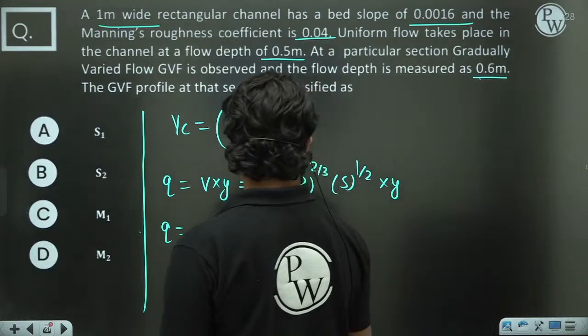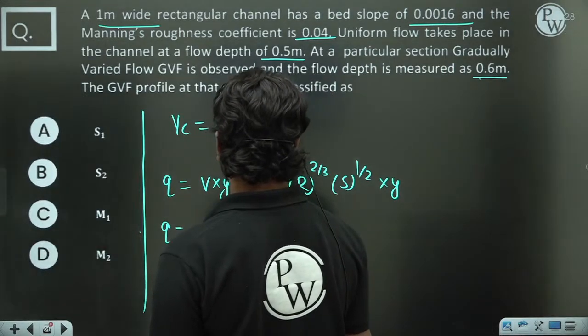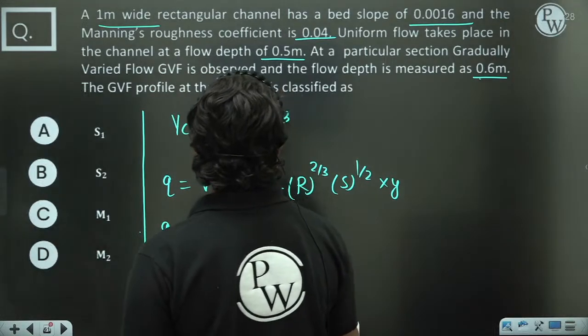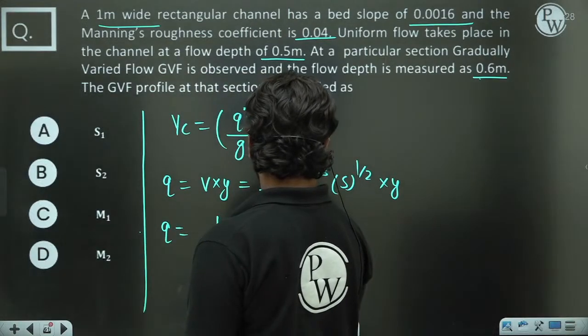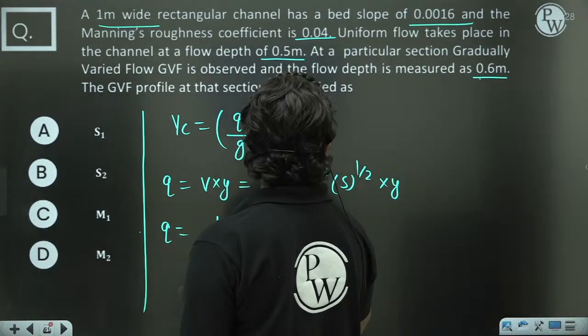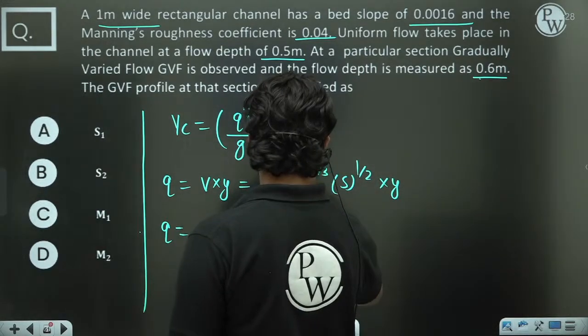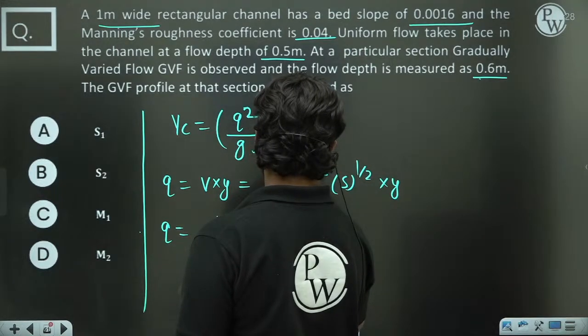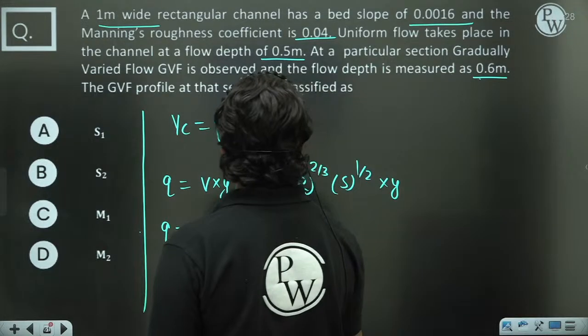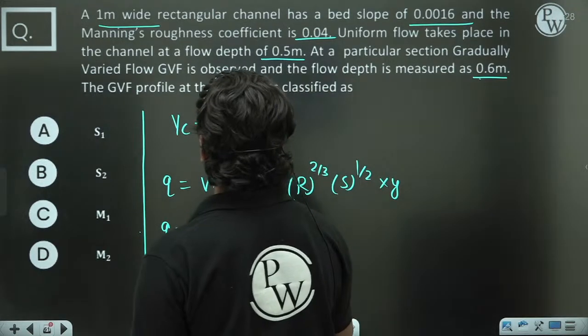So we need to find out q, so that we can find out Yc. 1 into depth we can take 0.5, divided by 1 plus 2 into 0.5, it will be nothing but 1 only.